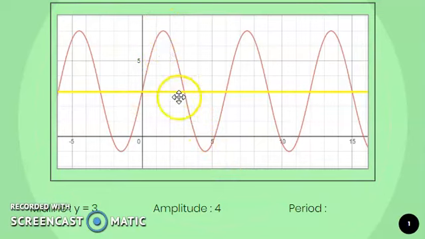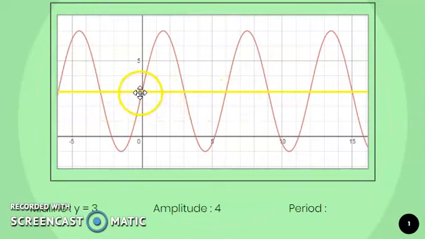It needs to hit the same y point and the same direction. So that means that this is not where we stop. We're going to continue until we hit this point. Now this would be where we would stop, and this length right here would be our period.